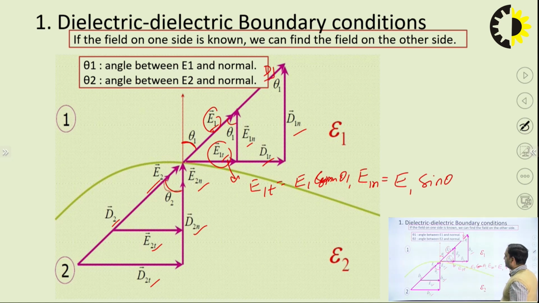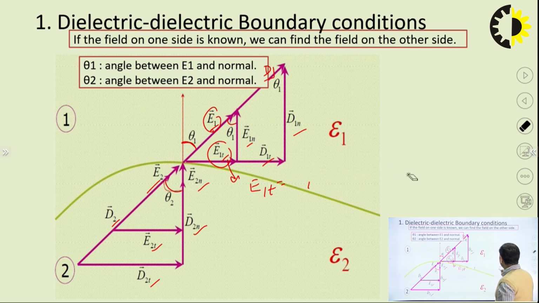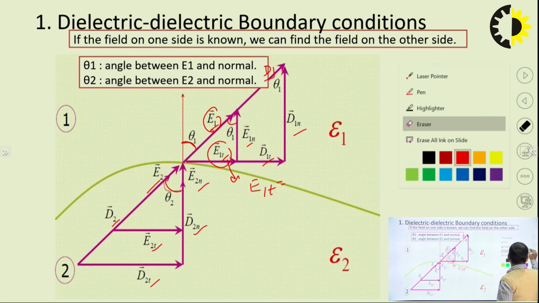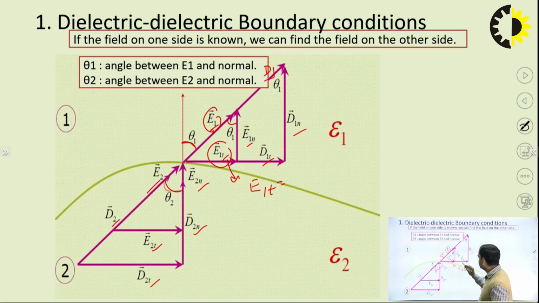Sorry, I will explain again. The base value E1t is E1 sine theta 1, and E1n will be equal to E1 cosine theta 1.